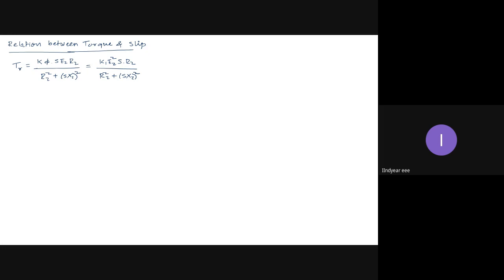One thing we should observe here: slip is not a constant value throughout the operation of the induction motor. Slip will change when the load changes. However small or large the load variation may be, the slip will definitely change.